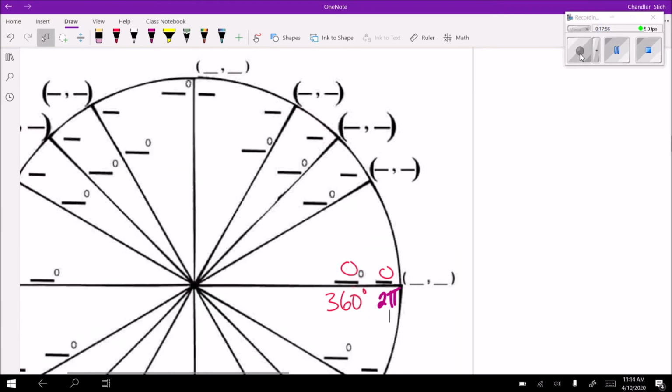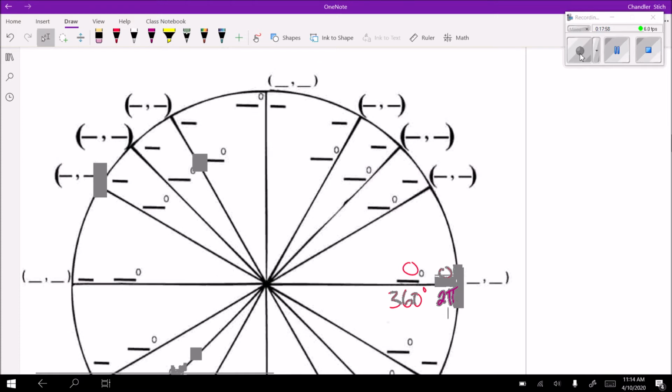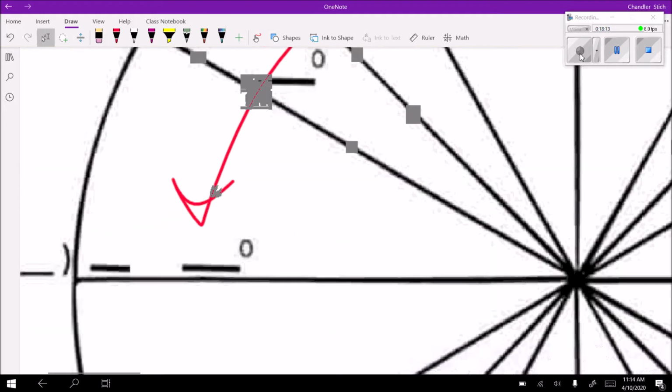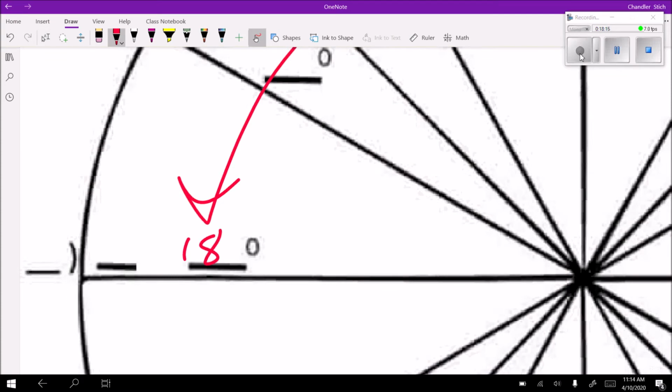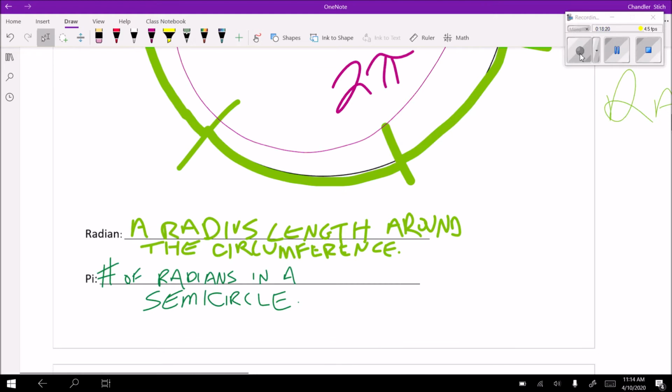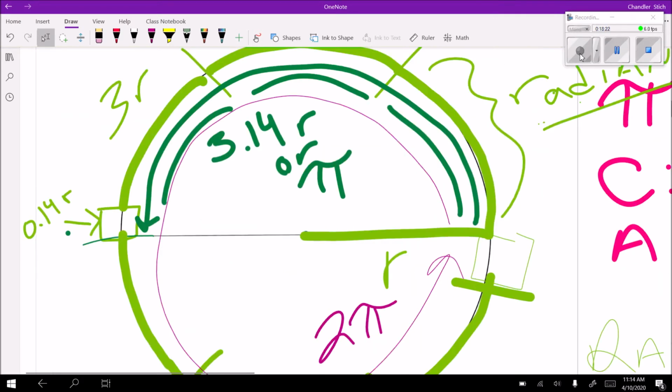All right, next natural place to look. If I followed the semicircle, so if I started here, I have 0 degrees, and then on the other side I would have, obviously, 180 degrees. And we said, at 180 degrees, or halfway around, what do I get?